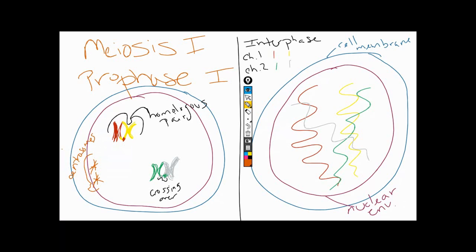Don't forget, a lot of the stuff that we did in mitosis is still going to ring true. I put things in boxes. Okay, I still need to hire my movers.